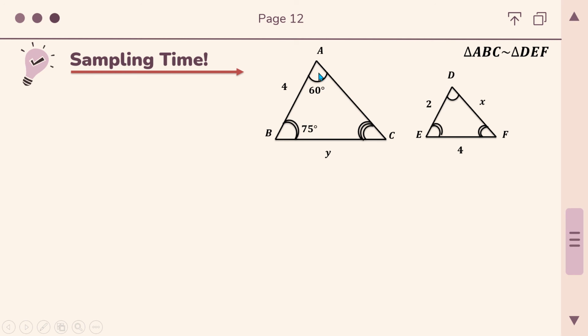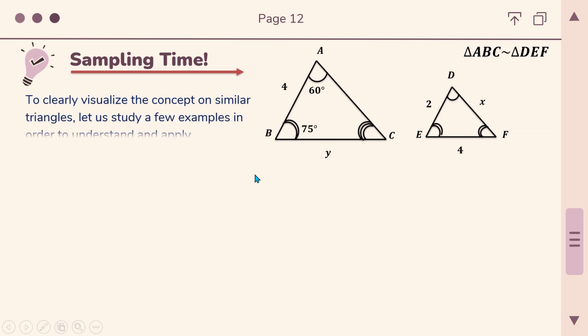So angle A is congruent with angle D, angle B congruent with angle E, and angle C congruent with angle F. Then the sides correspondence, side AB corresponds with side DE, side AC corresponds with side DF, side BC corresponds with side EF. So ang ilang mga given ato ang ipangatbang. To clearly visualize the concept on similar triangles, because these are figures, and specifically they are triangles.